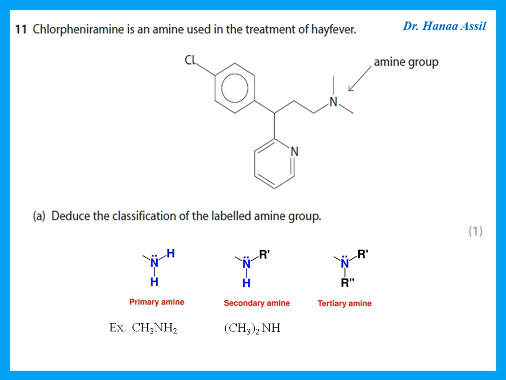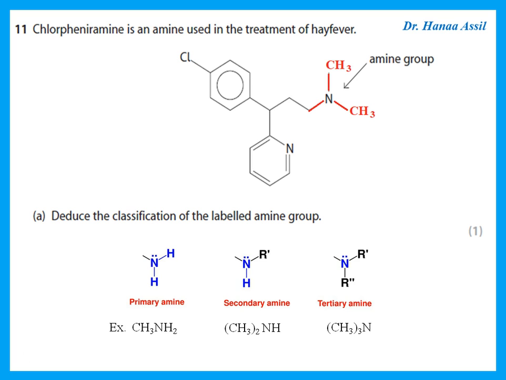If I have 2 alkyl groups, you know that an alkyl group is a hydrocarbon chain, so I have substituted 2 of the hydrogens with carbons, then that is a secondary amine group. If I substituted all the hydrogens with alkyl groups, then this is a tertiary amine. So which type is this? This one has 3 alkyl groups attached to the nitrogen. So this is a tertiary amine.